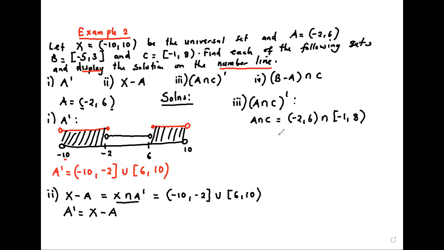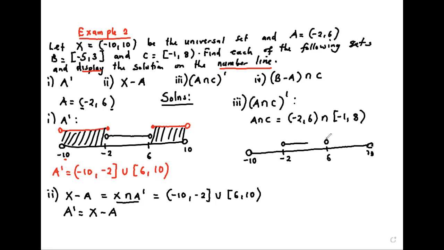Well, we want to use the number line as agreed. So we'll have the universal down, -10 to 10. And then -2 to 6, open here, open there.